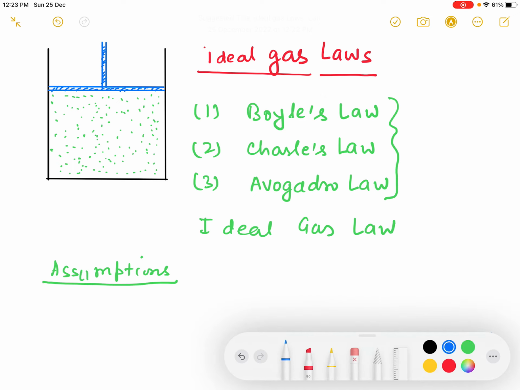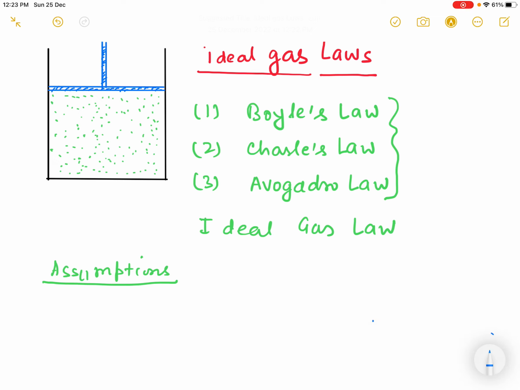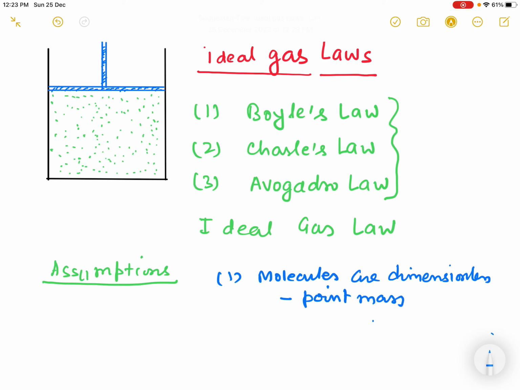First is that the molecules are dimensionless, and they are only point masses. Molecules are only point mass.